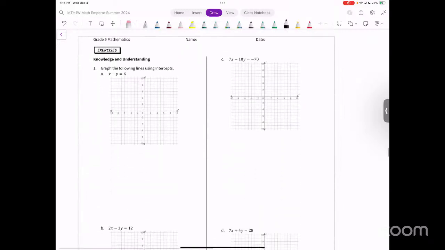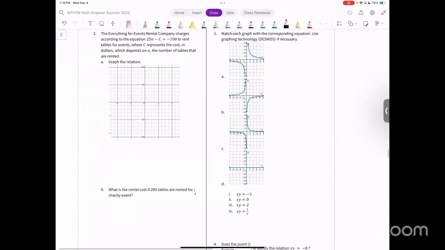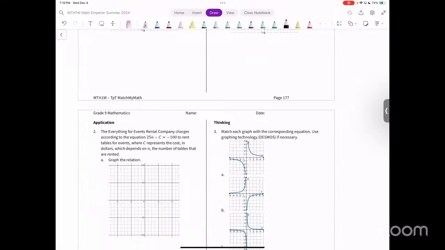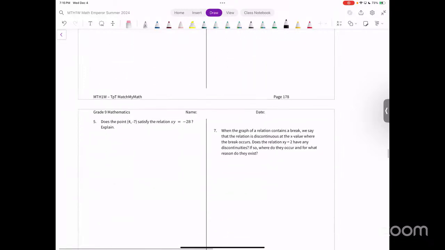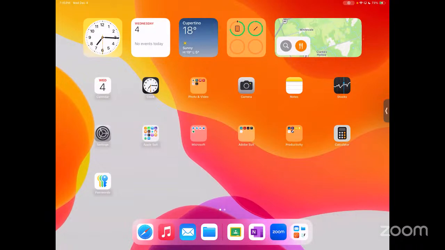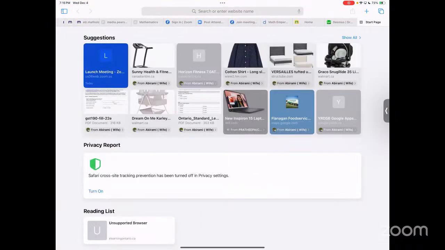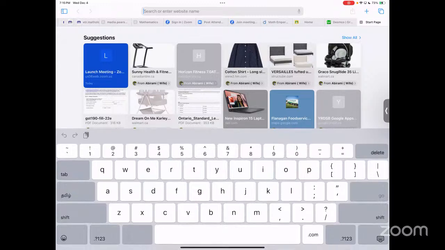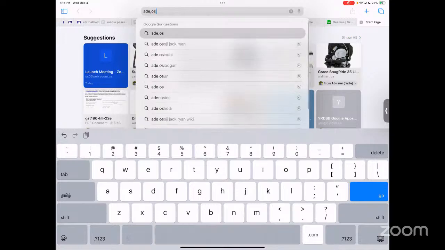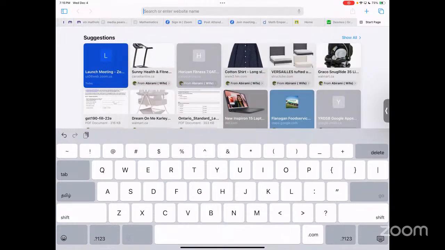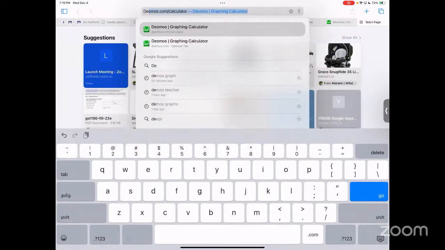To teach the inequality, we're going back to this little activity. So you're charging it. You're going back to the Desmos activity.